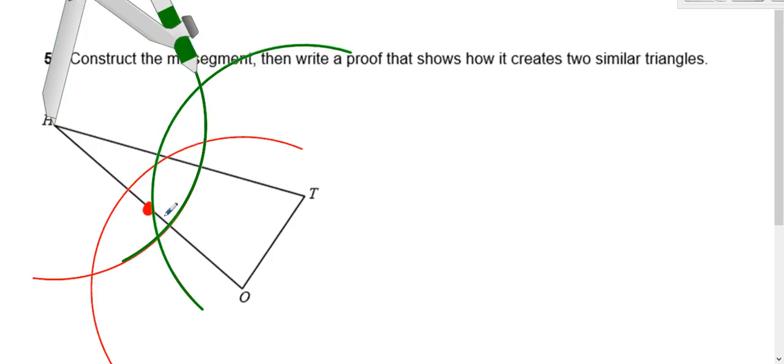So now we have our intersection there. Get the line to find the midpoint. So that's our midpoint right there. So we have our 2 midpoints. You can connect them, and that is the midsegment.